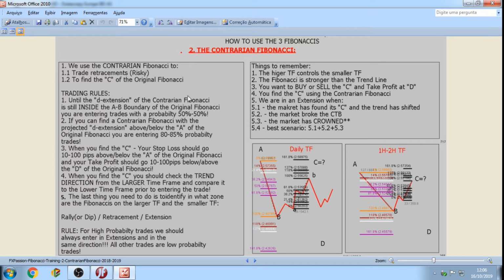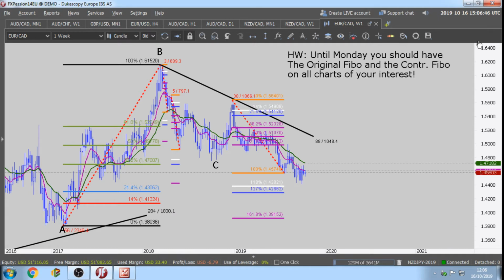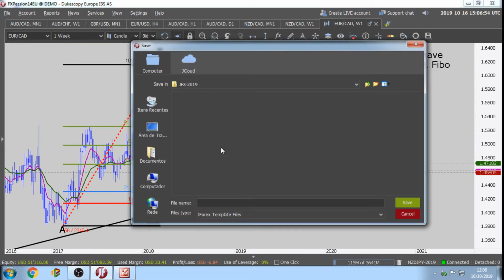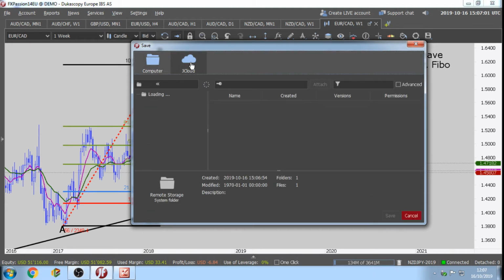How do you save the charts? Miguel, you go here on this. What is this? A diskette? A disk? And you go save template. And you have here on the left the computer, and on the right the JCloud.